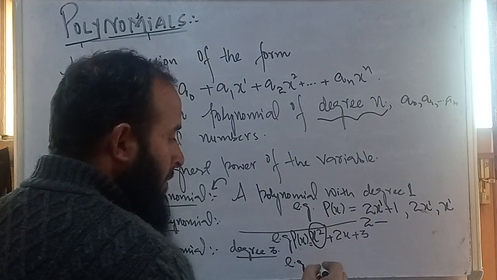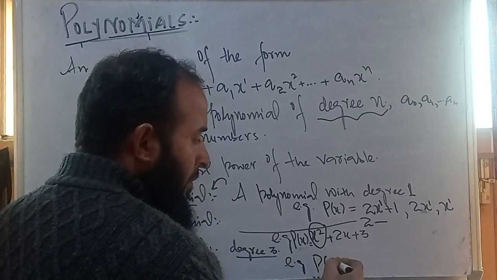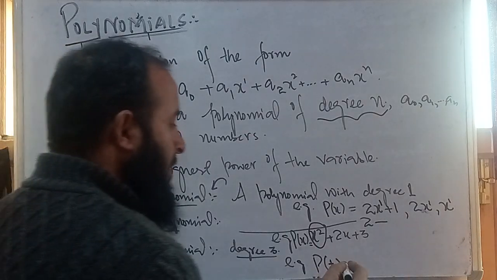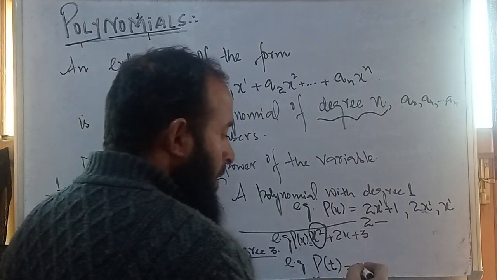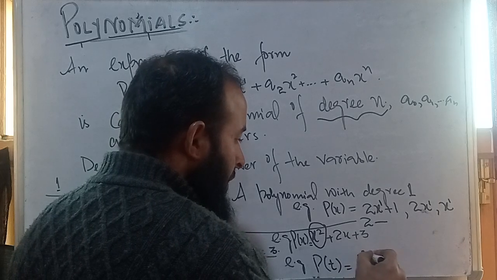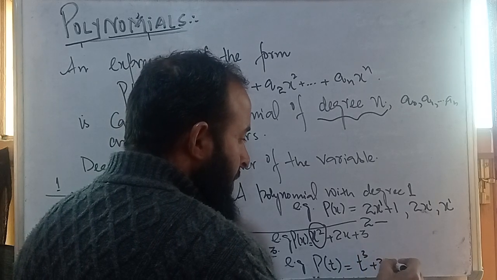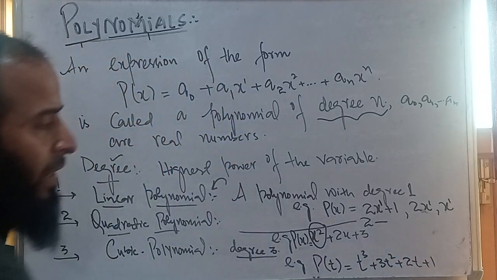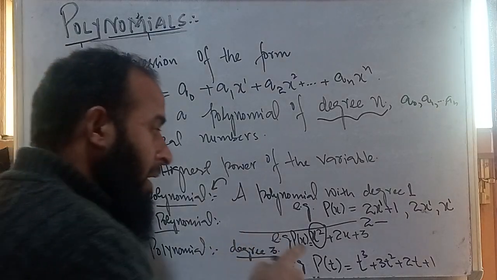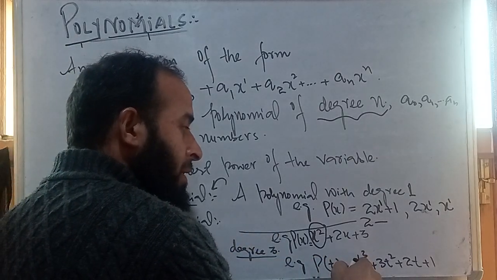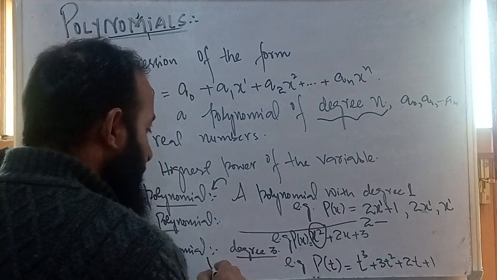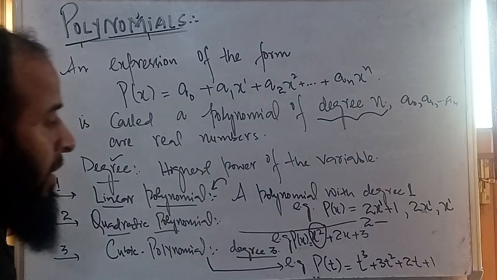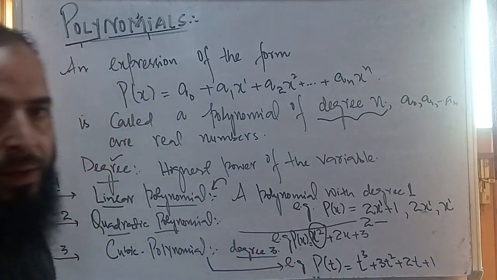For example, we can take any variable, a, b, c, d, or whatever. p of t is t cube plus 3t square plus 2t plus 1. So what is the highest power of the variable? It is 3. So this is a polynomial with degree 3, a cubic polynomial.